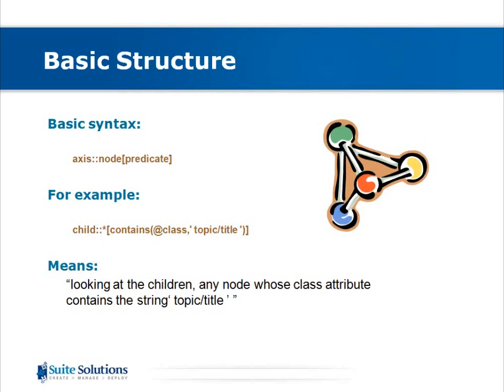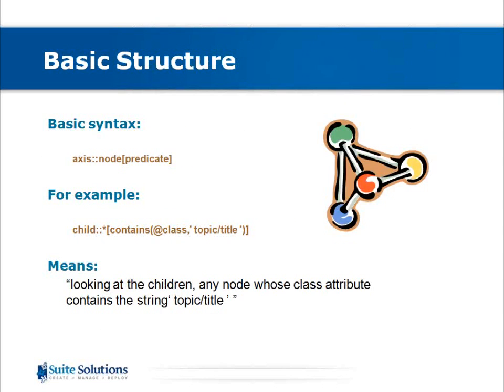Basically what that means is looking at the children, that's what the axis there indicates. It sort of shows us the direction in which we want XPath to look. Looking at the children, find for us any node, that's what the asterisk indicates, any node, whose, that's what the brackets are for, it's a predicate, for which it is the case that the class attribute contains the string topic/title.